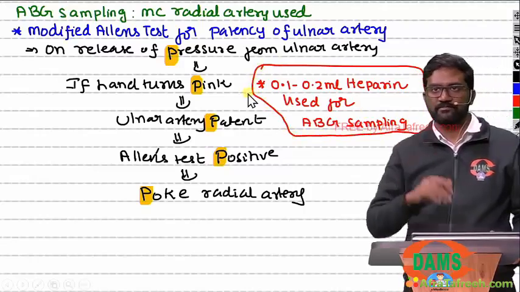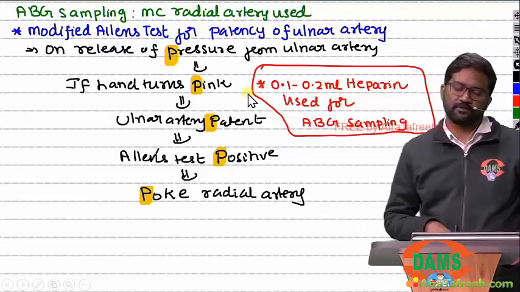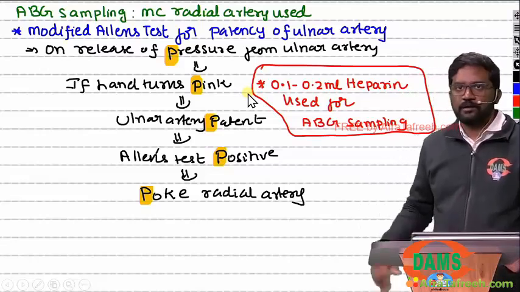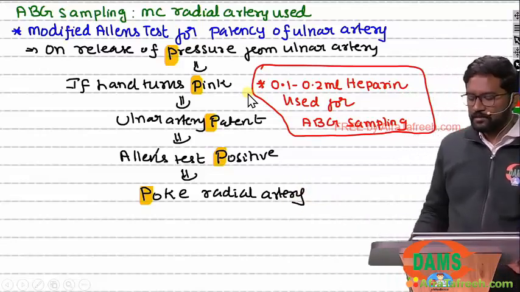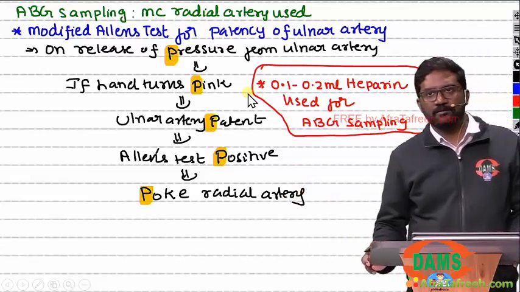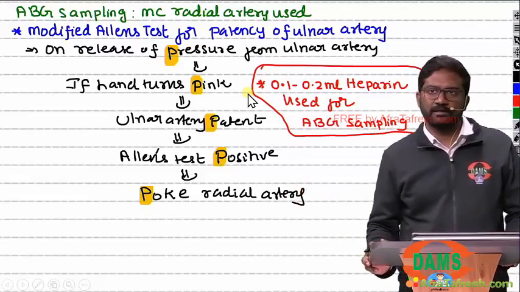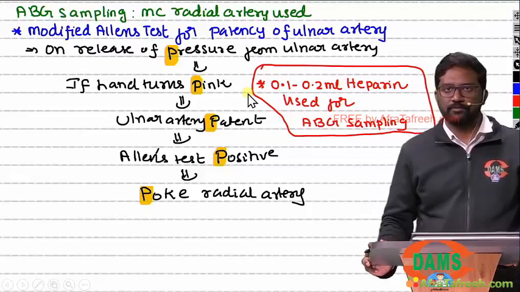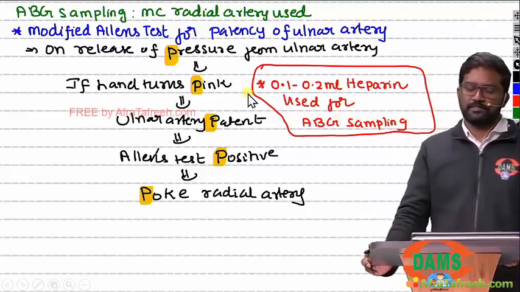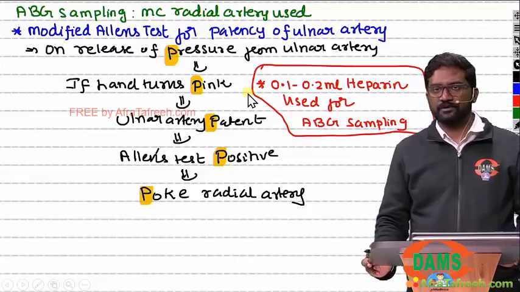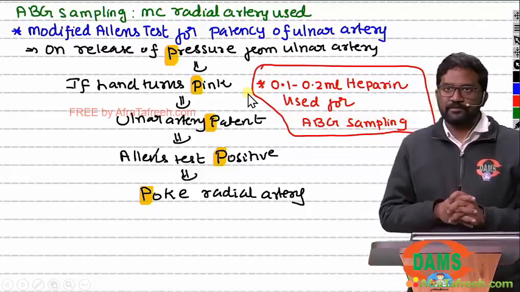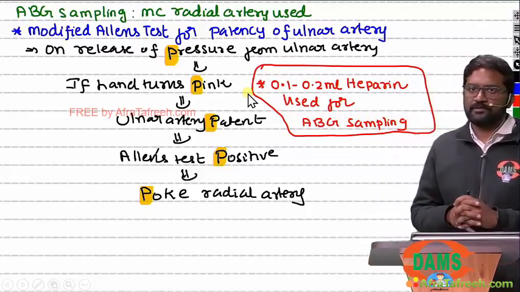The ABG machine cannot process clotted blood, and heparin is an anticoagulant. It will maintain the blood in a liquid state. It will not allow it to coagulate. So with this, we are done with the majority of acid-base balance and respiratory medicine.